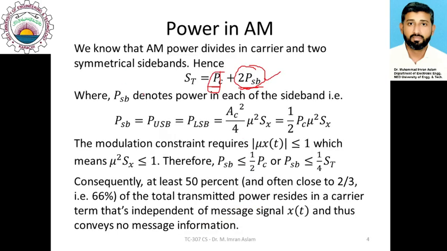The sideband power, whether upper sideband or lower sideband, because both the sidebands are symmetrical and contain the same amount of power, can be written as AC square by 4 mu square Sx, or in terms of the carrier power PC, it is half PC mu square Sx.